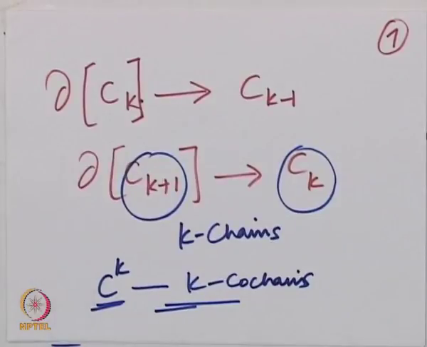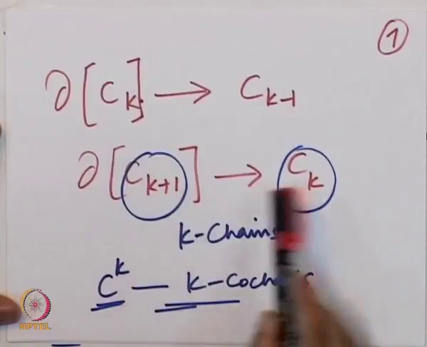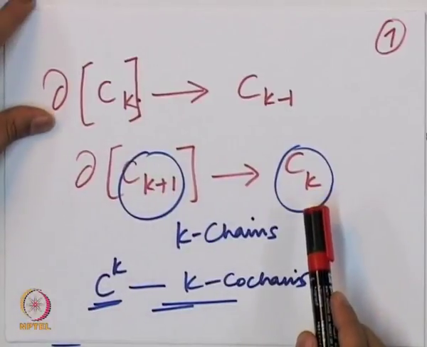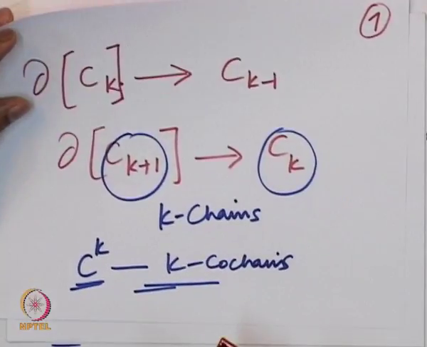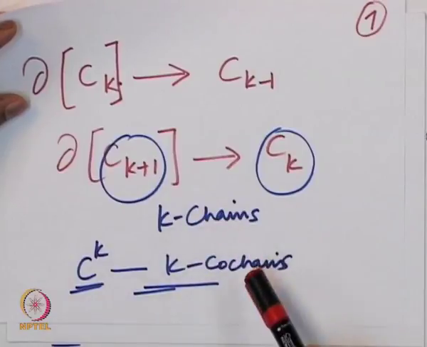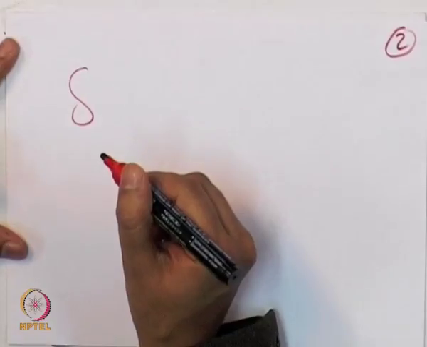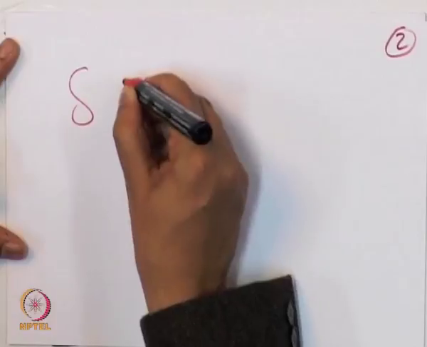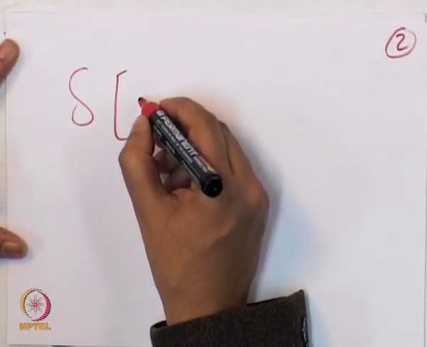So I said the boundary operator is going to take a k plus 1 chain to a k chain. The co-boundary operator does the exact opposite, except that instead of acting on the k chain, it acts on a k cochain. So let us see what it does. The co-boundary operator, represented by the symbol small delta, takes the value that is in C of k.